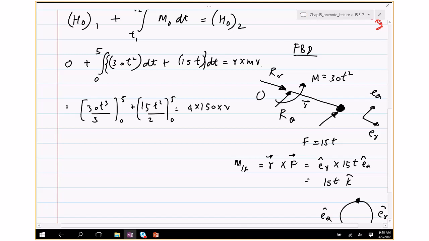I'll put mv2 here to denote the velocity after 5 seconds. This comes out to be 1,250 plus 750 equals 600 V2. So we can solve for V2. It comes out to be 3.33 meters per second.